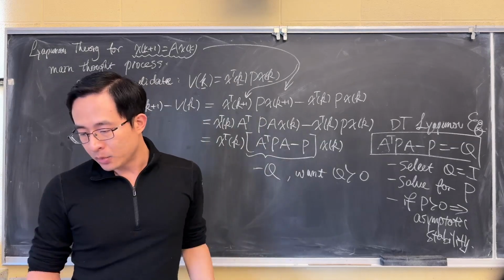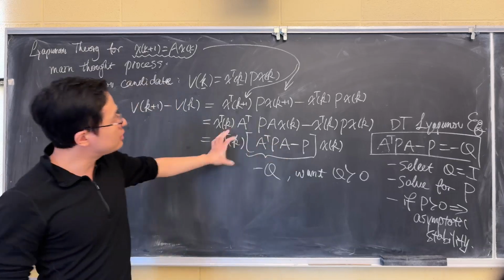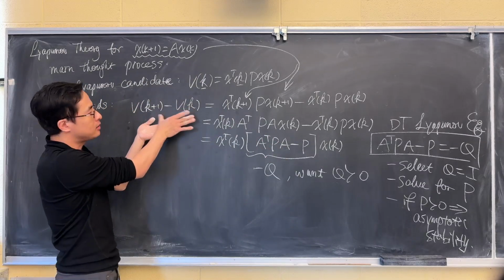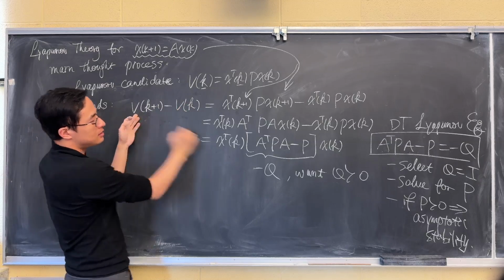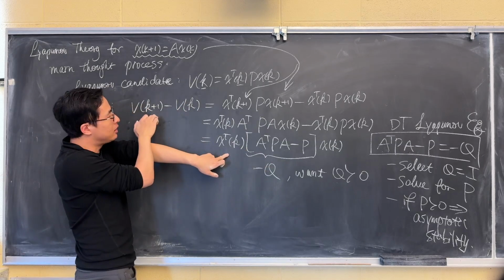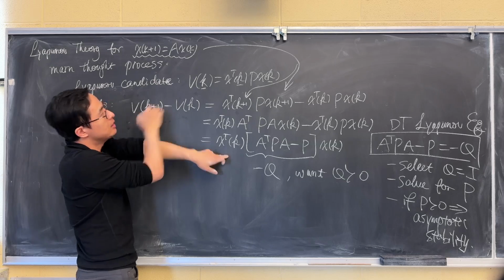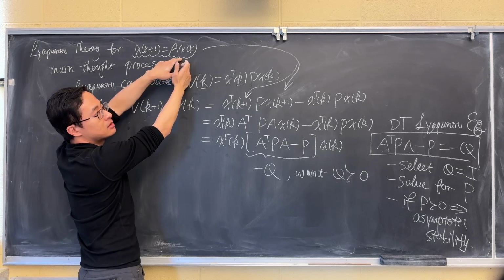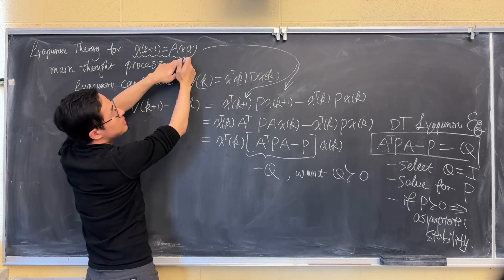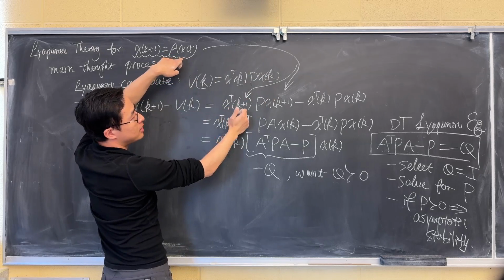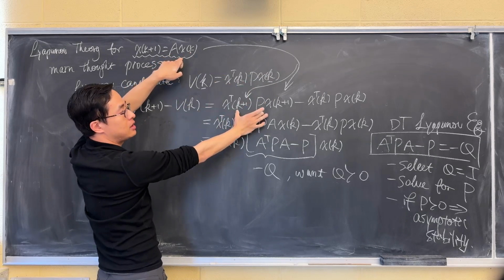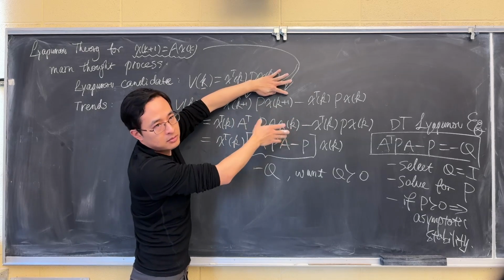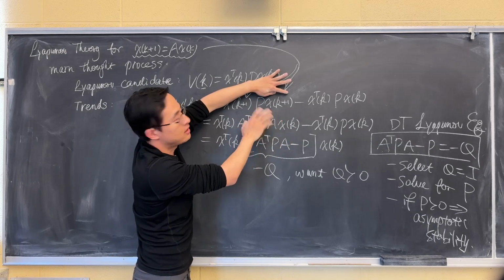Okay, now we have talked about how the energy will change along the state trajectory. The more formal way to say this is the change of V, the Lyapunov candidate, along the trajectory of the state of the system dynamics. It's along the trajectory because we substitute x_{k+1} = A x_k, the system dynamics, into here. If we don't do this step, this is just the mathematical difference of the energy-like function.